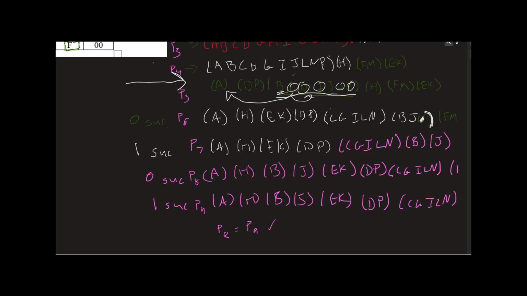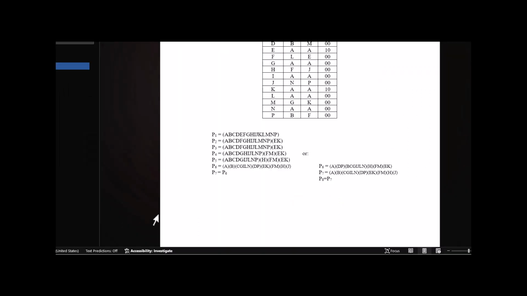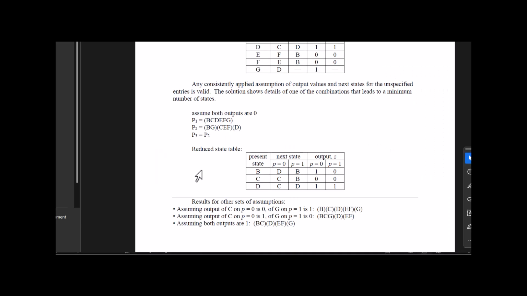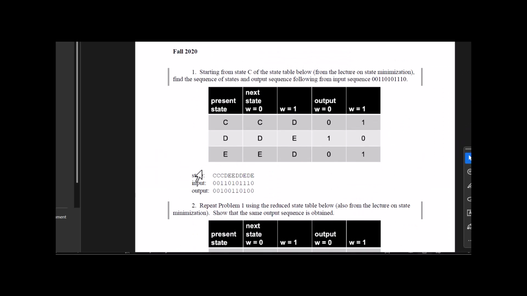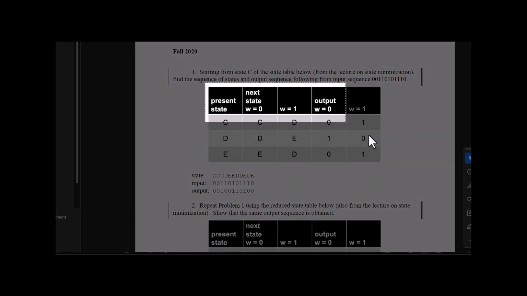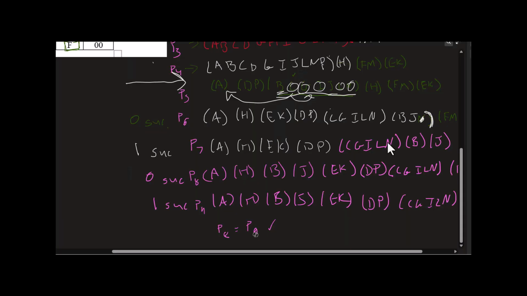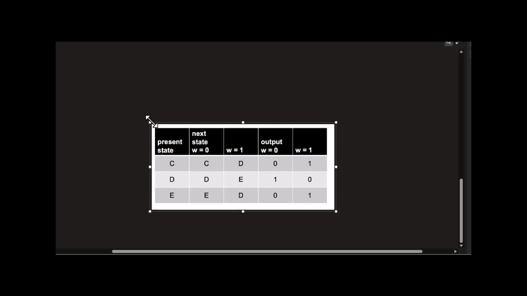I'm going to give y'all one to do on your own that's quick and easy. So this one, you just have 3 states.